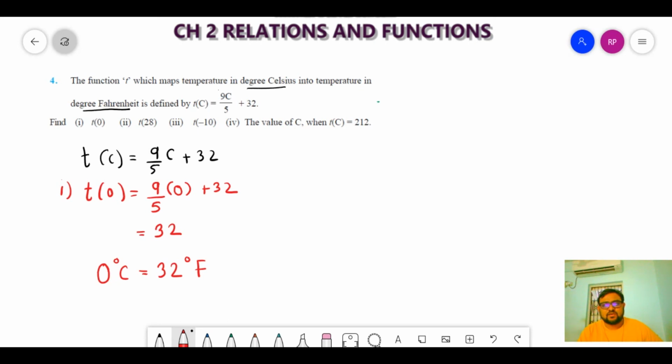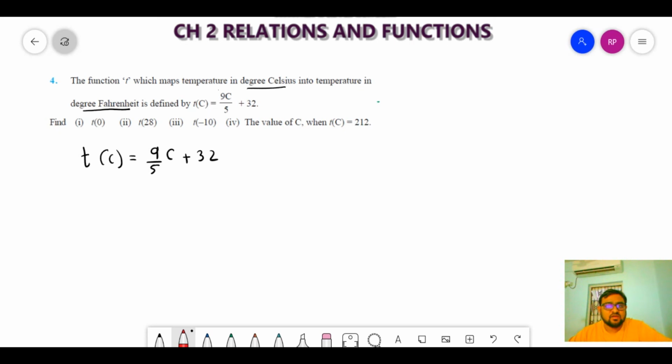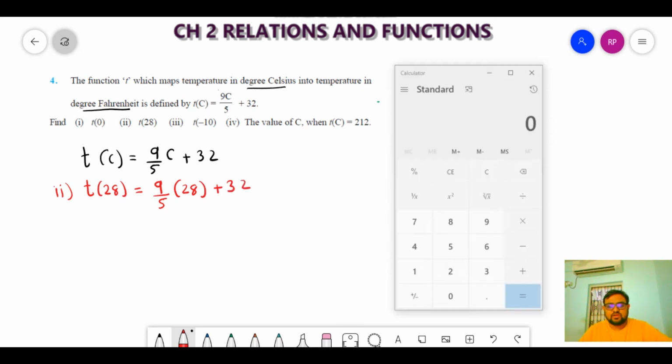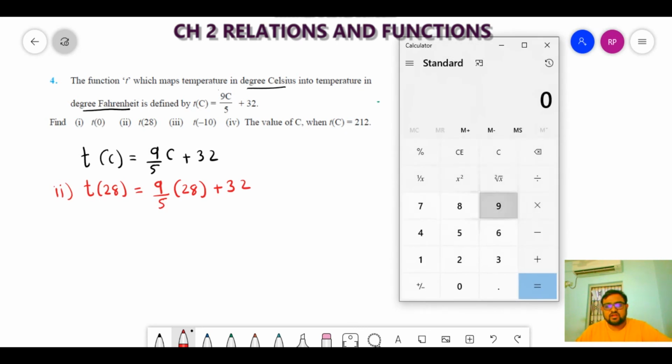Now let's move to the second one. The second question is T(28). So 9/5 times 28 plus 32. Let me calculate it. It's 9 into 28 divided by 5, that is equal to 50.4.